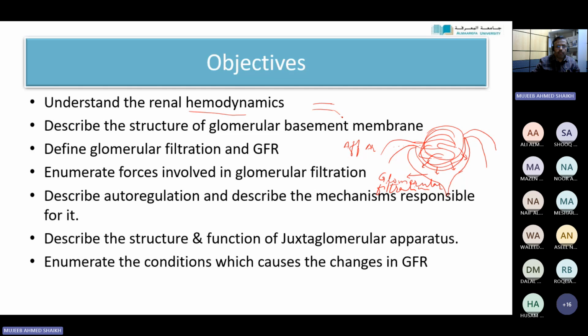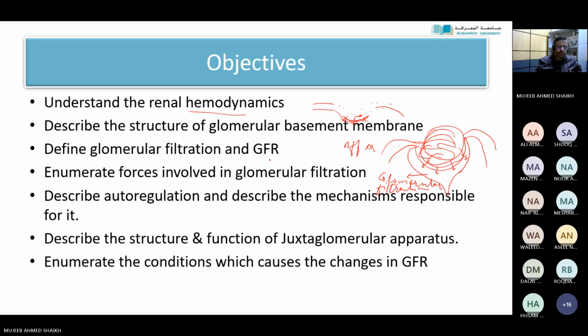When it comes, it becomes fenestrated, and when it goes out again, it becomes an efferent arteriole. The blood present here will be filtered through these pores or fenestrations. There is a membrane here, which we call the glomerular basement membrane. We will see its structure, because if there is any problem, the glomerular filtration will increase or decrease.